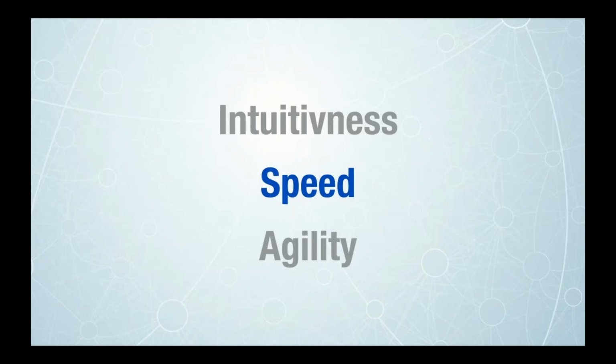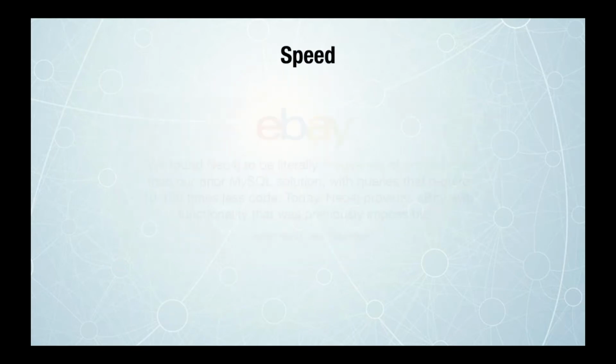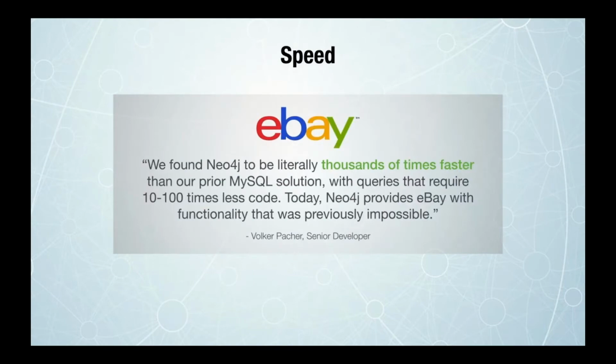Our trains are not very fast, but this is a quote from Volker at eBay: "We found Neo4j to be literally thousands of times faster than our previous MySQL solution, with queries that require 10 to 100 times less code. Today, Neo4j provides eBay with functionality that was previously impossible."